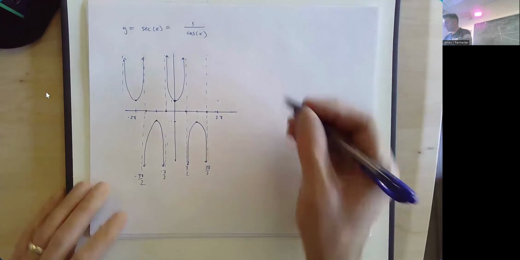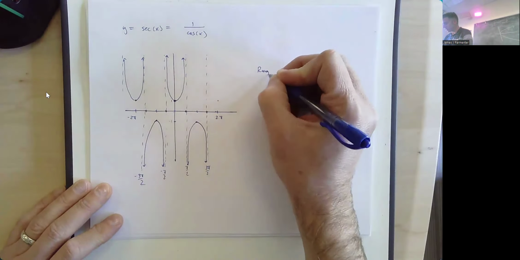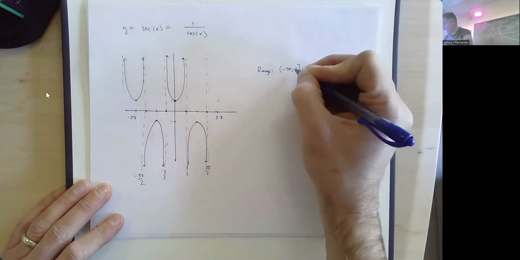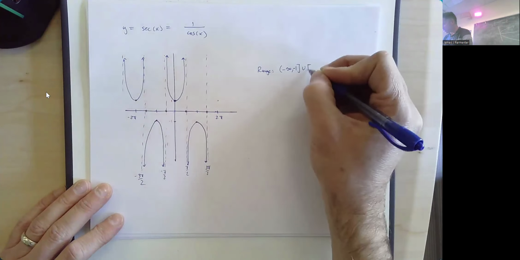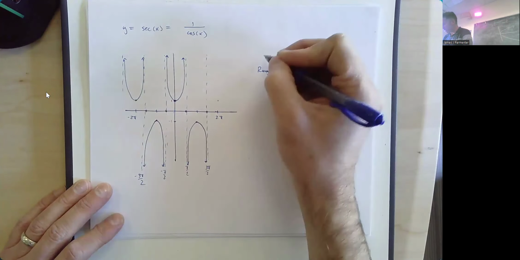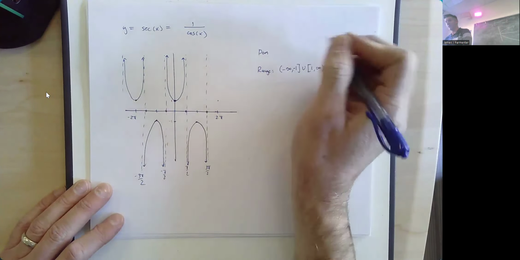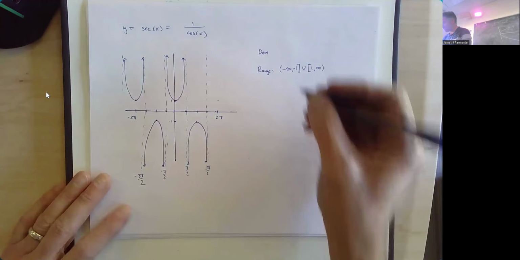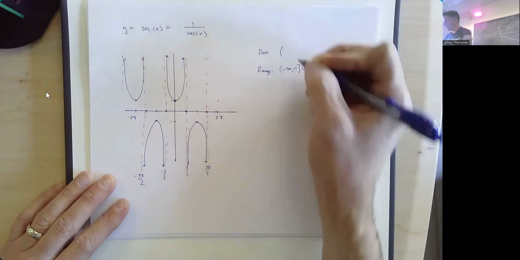The range is the same as it was for the cosecant function. It's everything from negative infinity to negative 1, union 1 to infinity. The domain is the same as it was for the tangent function, right? Just like tangent is sine over cosine, secant is 1 over cosine. They're both going to be undefined whenever cosine is equal to 0, which happens to be all odd multiples of pi over 2.